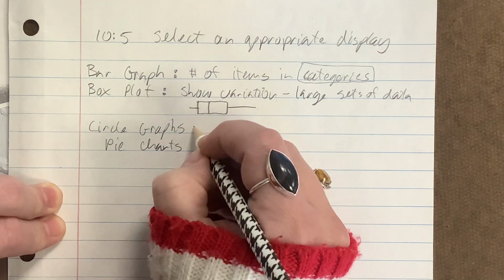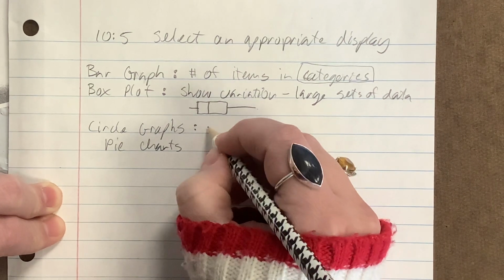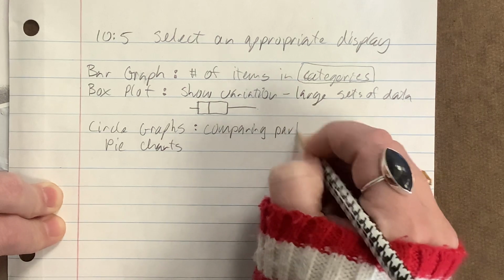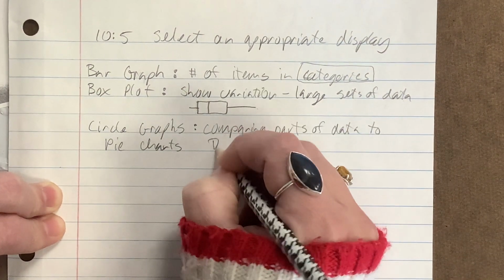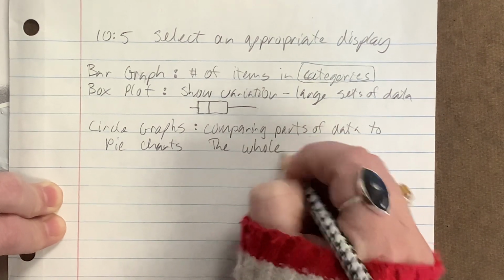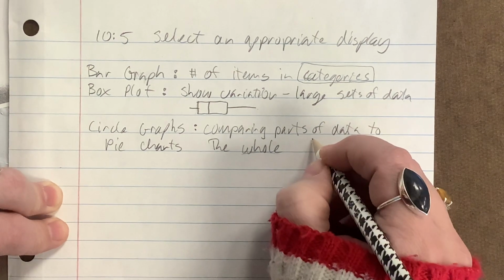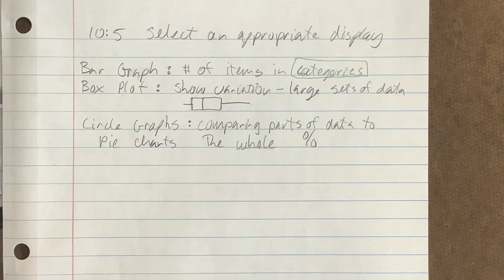Okay, circle graphs and pie charts are great for comparing parts of data to the whole. And that's kind of our cue word. Our clue for circle graphs is if you're dealing with percents. Okay, so if you have percents, that's when you want to choose a circle graph. Alrighty.